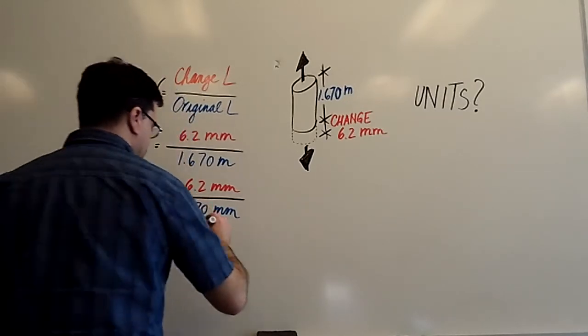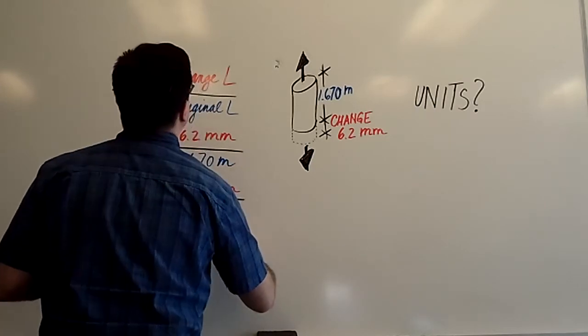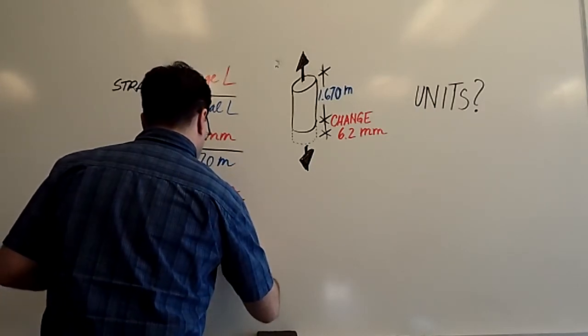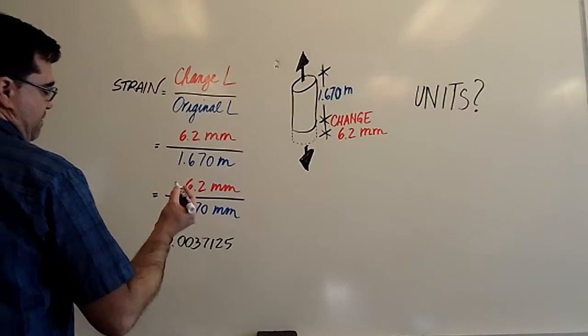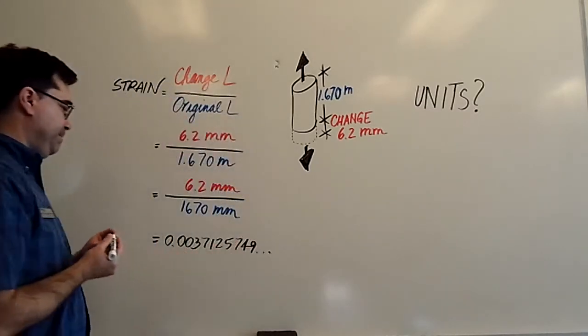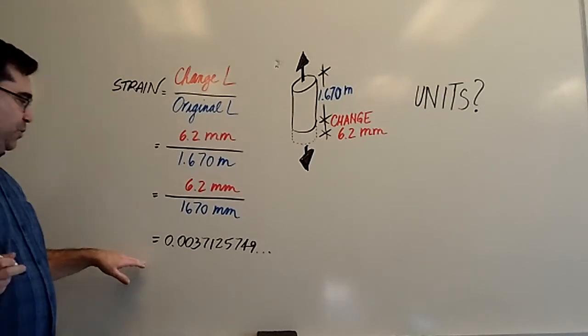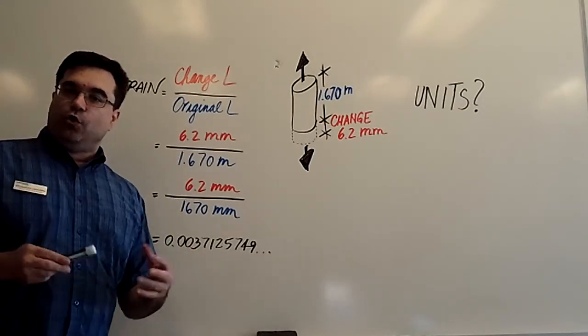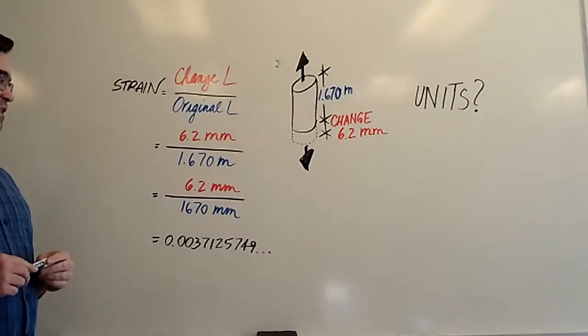I'm going to be silly and write a whole bunch of digits: 1, 2, 5, 7, 4, 9, and so on. Oh, look at this, no units. That's the whole thing about strain, no units.